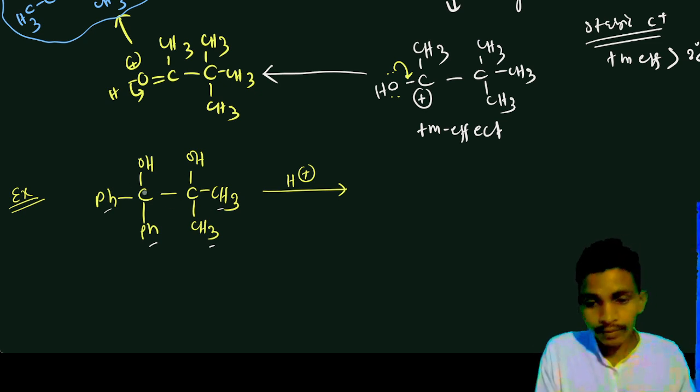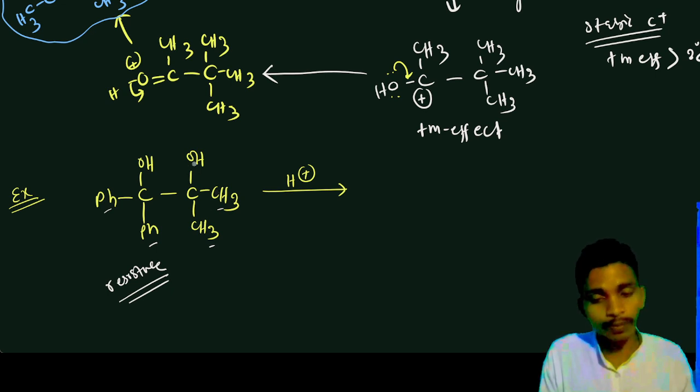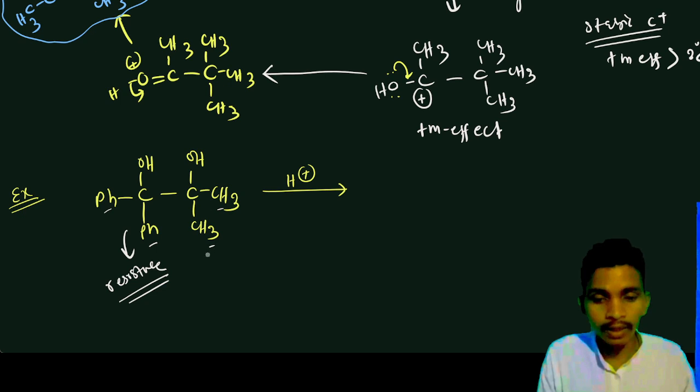So here, if this does the protonation, meaning it becomes water and releases, then the carbocation will form here, and that carbocation is stabilized by the phenyl rings. The phenyl ring gives resonance. Okay, and in this case, if this does the protonation, then this carbocation is stabilized by 6 alpha hydrogens, or the inductive effect.